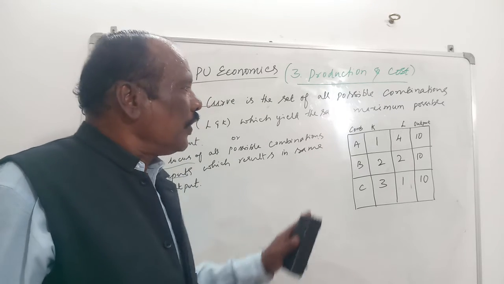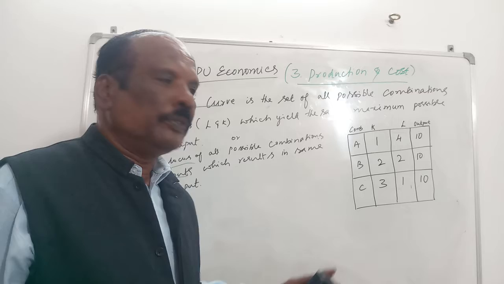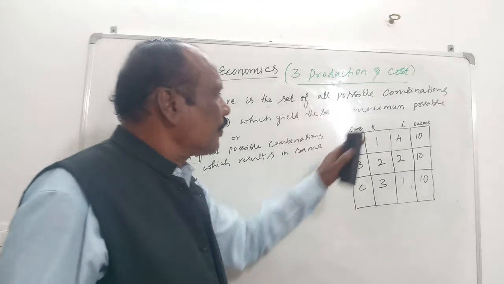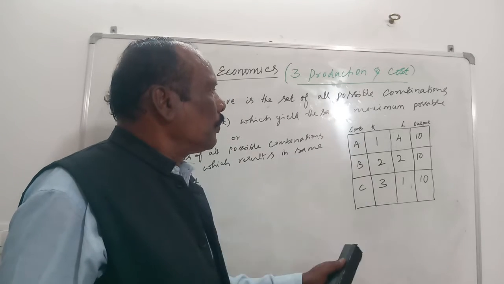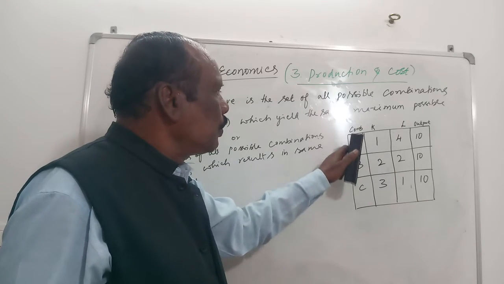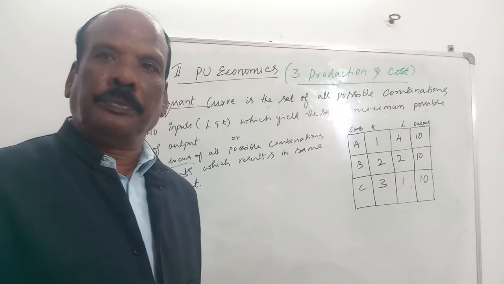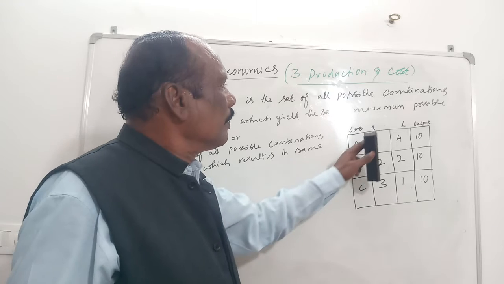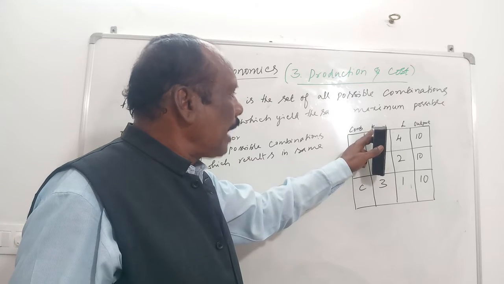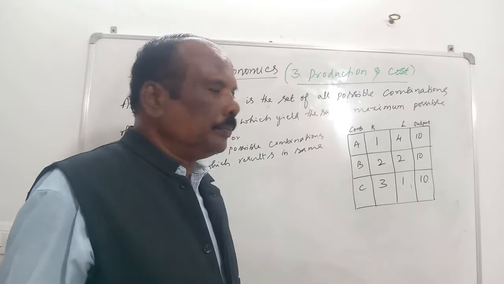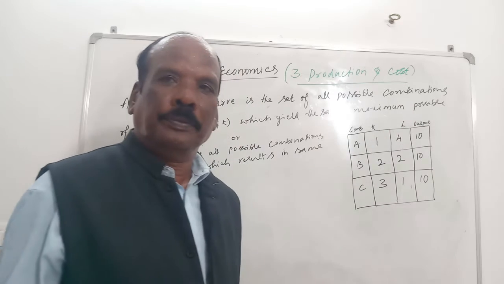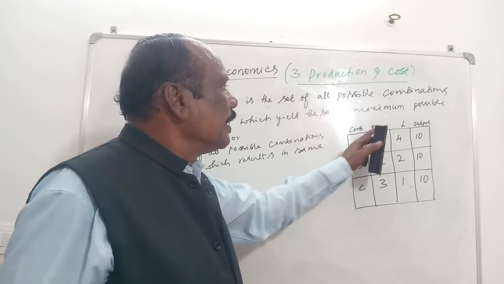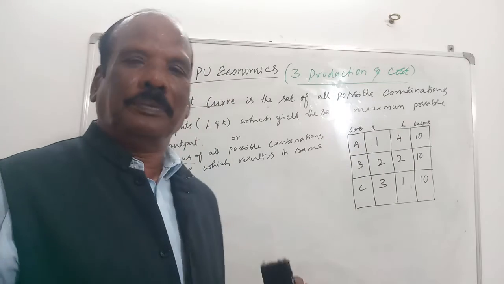Got it? This can be very well understood with the help of a schedule or a table. Here in this schedule, we have got four columns, combinations of two inputs, that is labor and capital. And here capital is shown, labor is shown, and the output, how much we produce using capital and labor.